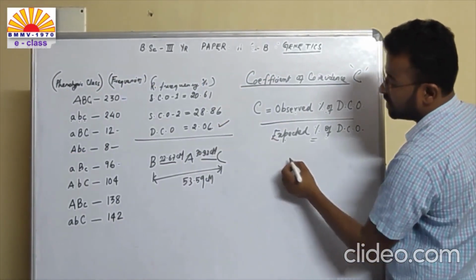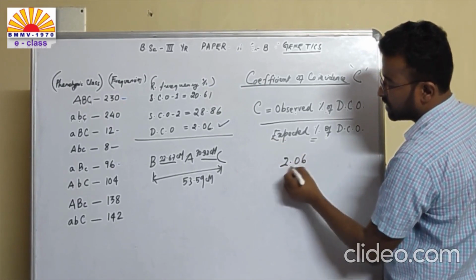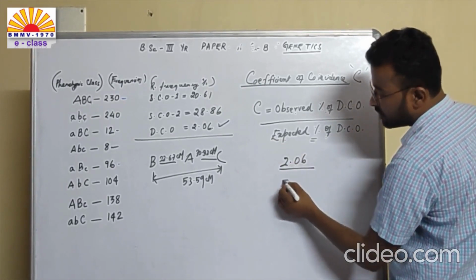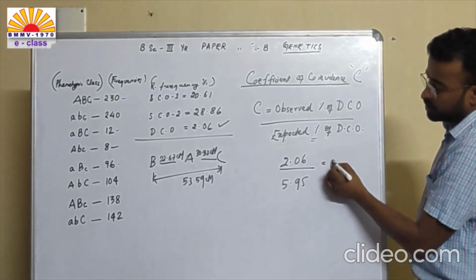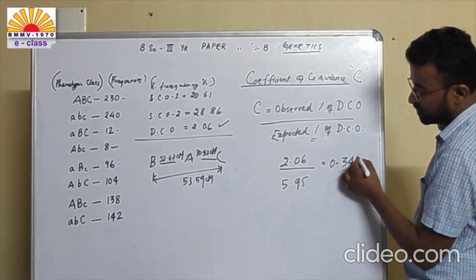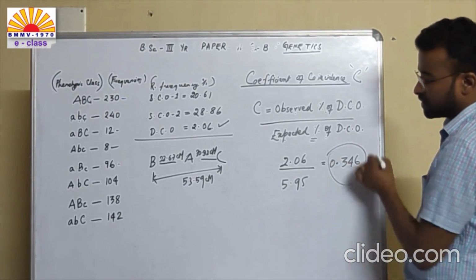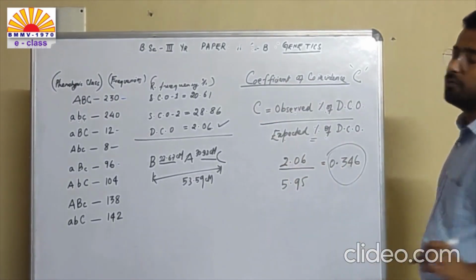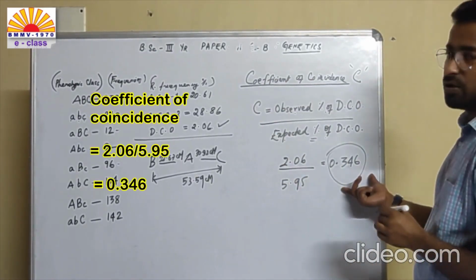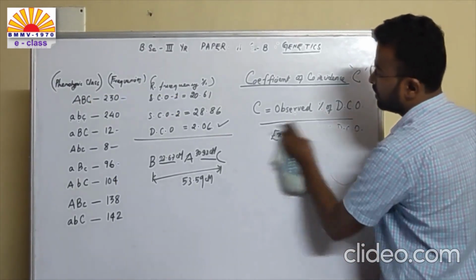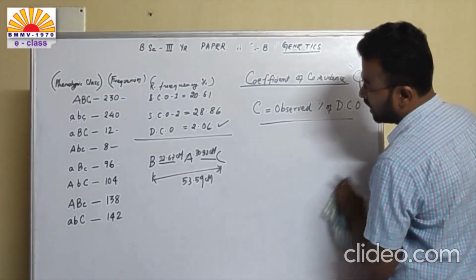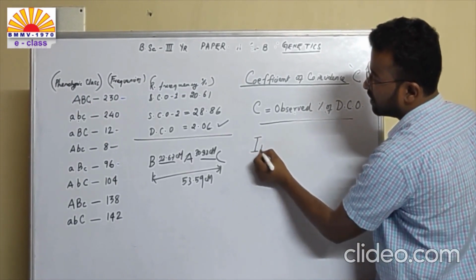So we have the expected DCO and observed DCO. The observed DCO is 2.06, expected DCO is 5.95, and the ratio is 0.346. Now 0.346 is the coefficient of coincidence. Why this value is so important, I am going to tell you. Now we are going to calculate the interference.